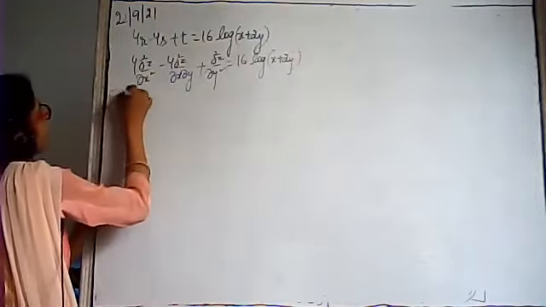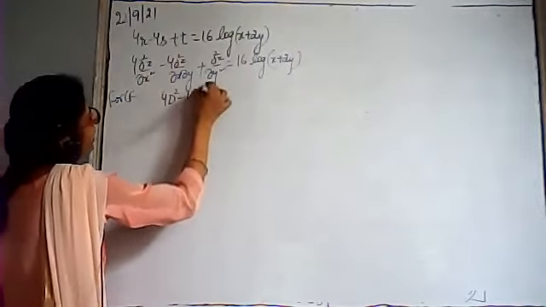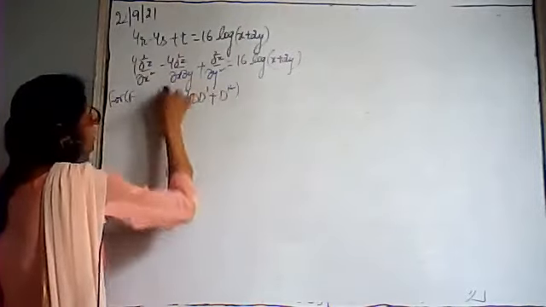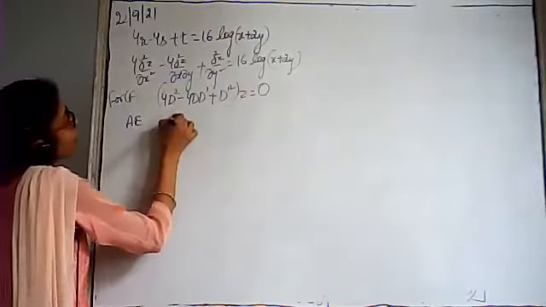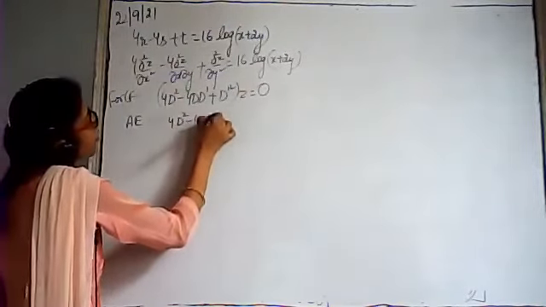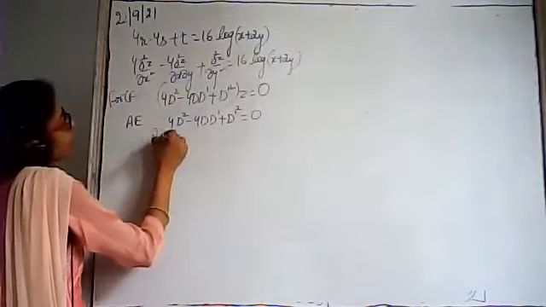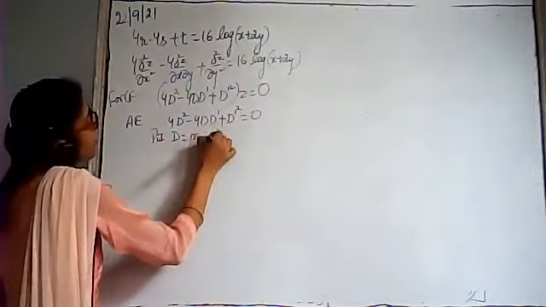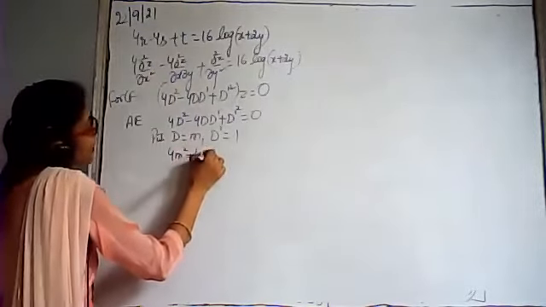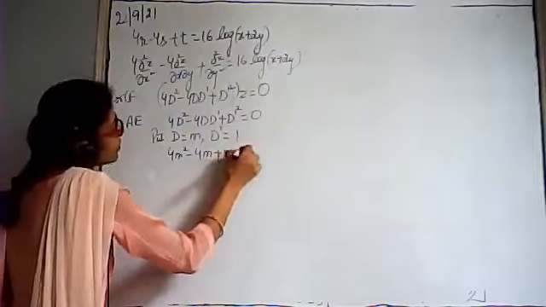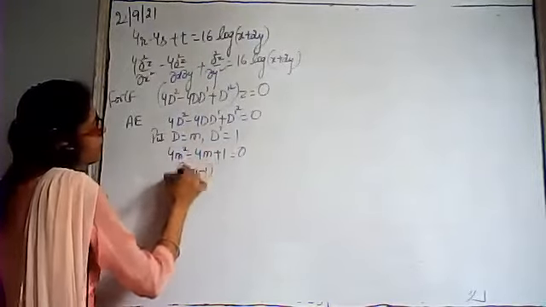For the complementary function, we have (4D square minus 4D D dash plus D dash square) z equals 0. After that, the auxiliary equation will be 4D square minus 4D D dash plus D dash square equals 0. In this equation, put D equals m and D dash equals 1. We get 4m square minus 4m plus 1 equals 0, or it can be written as (2m minus 1) the whole square.